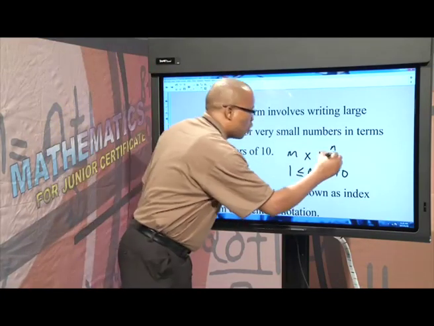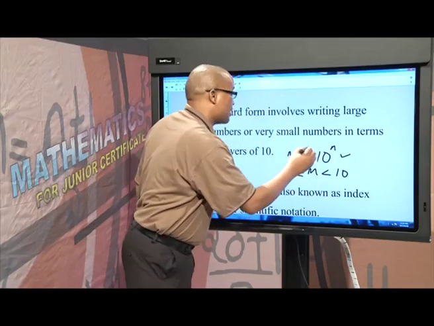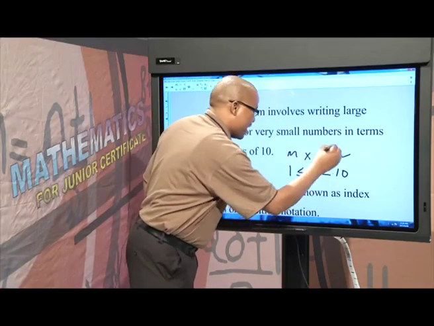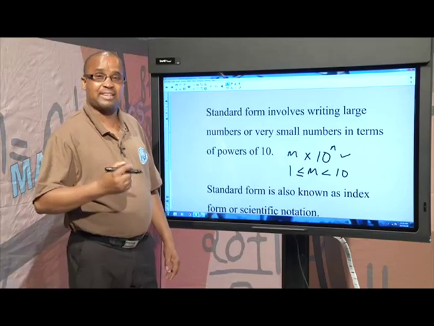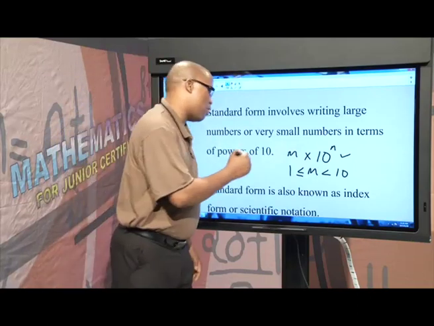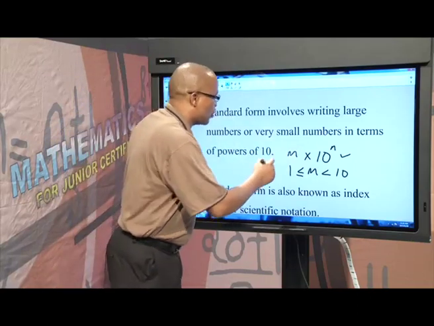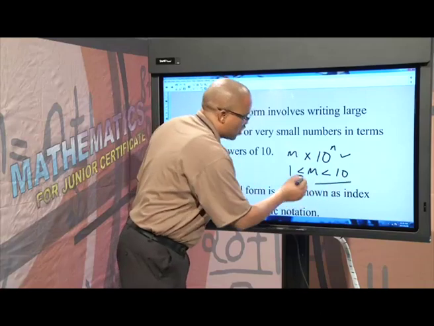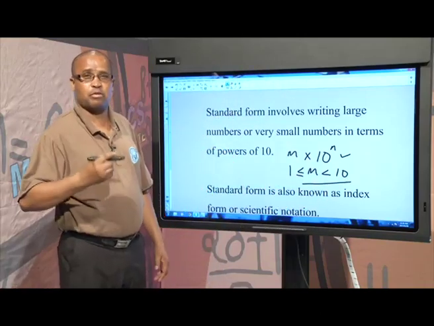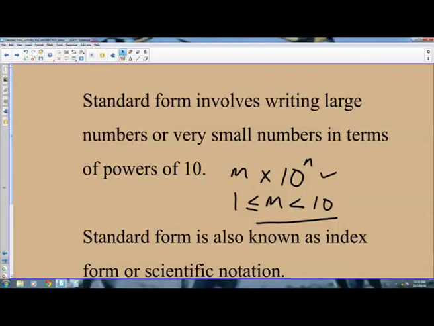The two conditions: m times 10 to the power n, where n is a positive or a negative integer, and then the value of m should be within the range 1 to 10. These two conditions need to be satisfied before you can say a number is in standard form. So every time you want to check if a number is in standard form, make sure that you satisfy these two conditions.